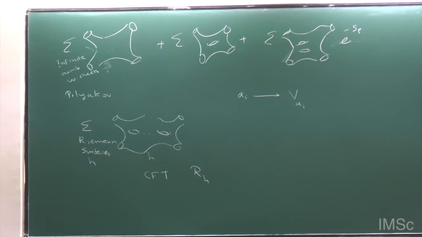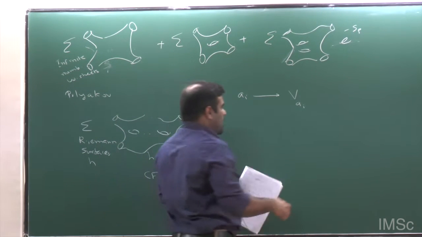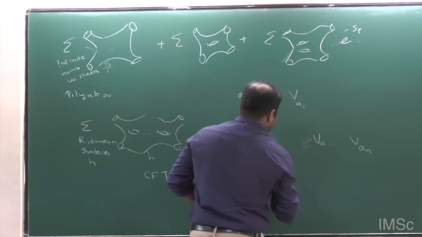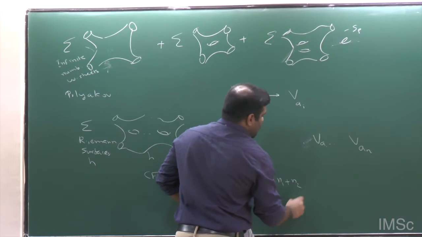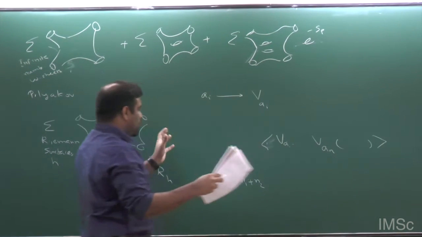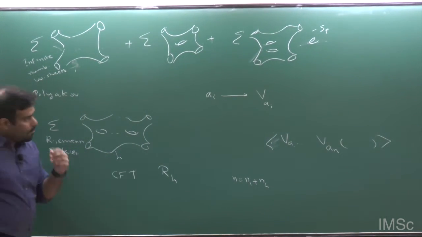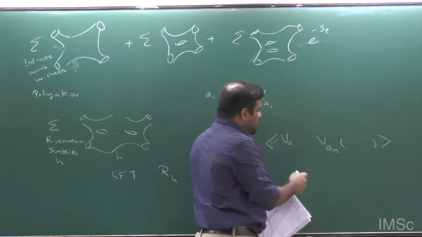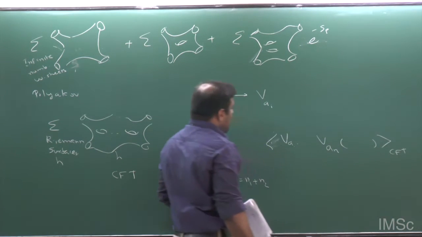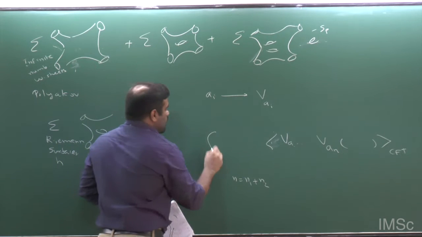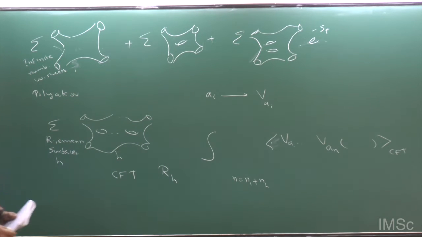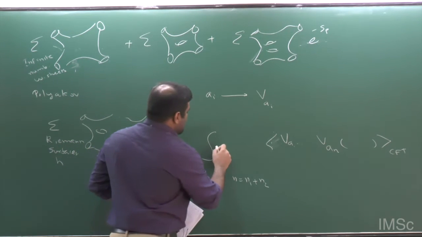You take the vertex operators corresponding to all external states, say VA1 to VAN, where n is n1 plus n2, and then you have to introduce some pieces that correspond to the ghost part of the conformal field theory, and then compute the correlation function of these vertex operators in a particular conformal field theory, and you have to sum over or integrate over all inequivalent Riemann surfaces, and the space of all inequivalent Riemann surfaces is known as the moduli space.